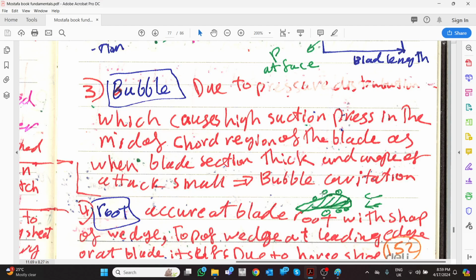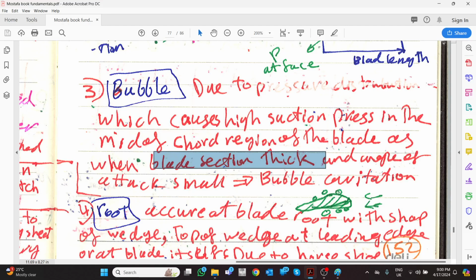When you have a flow going over the plate, remember that it causes high suction pressure in the chord region of the plate, with a thick section.